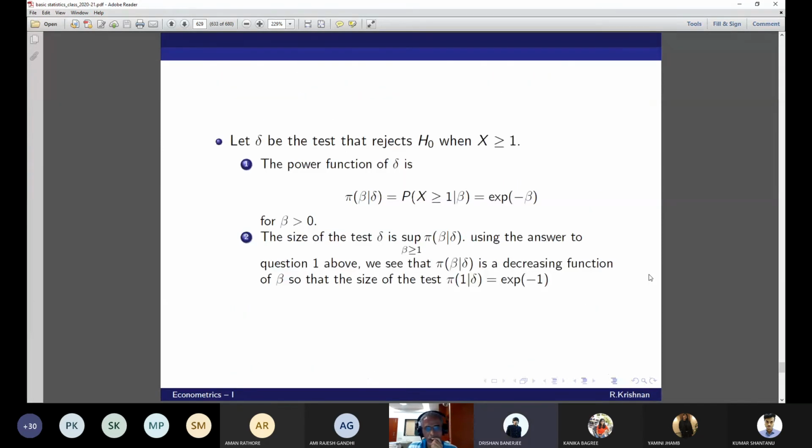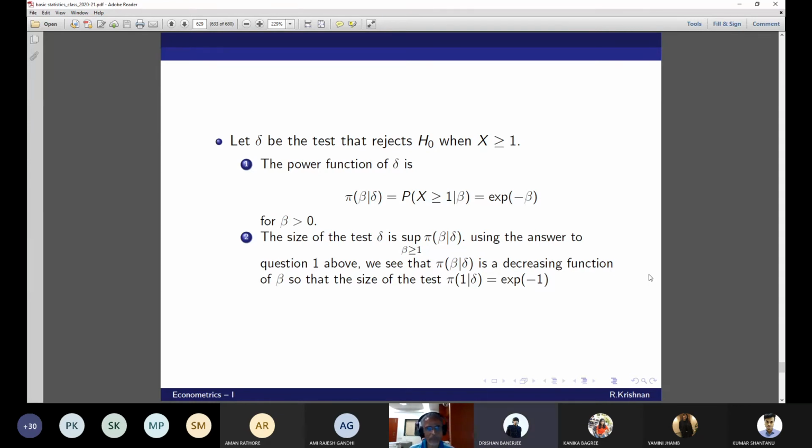So that will also be e to the power minus beta. Size of the test will be exponential minus 1, in terms of beta, because you have to explain in terms of parameters.